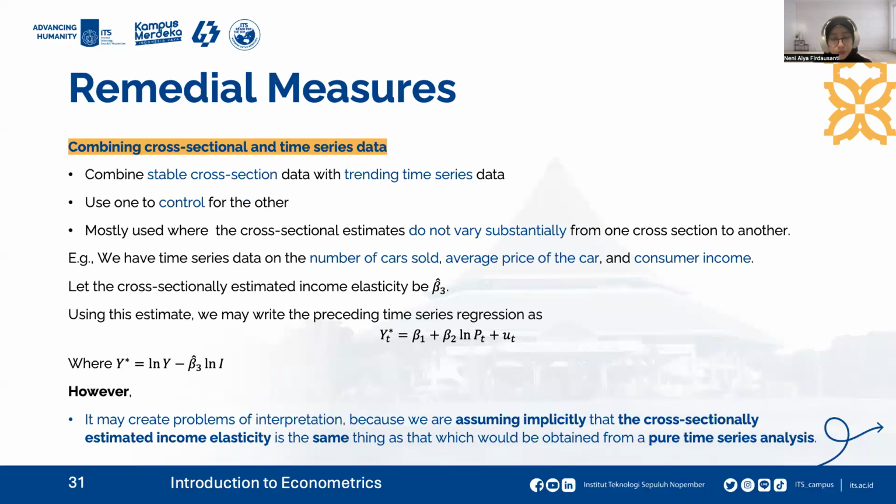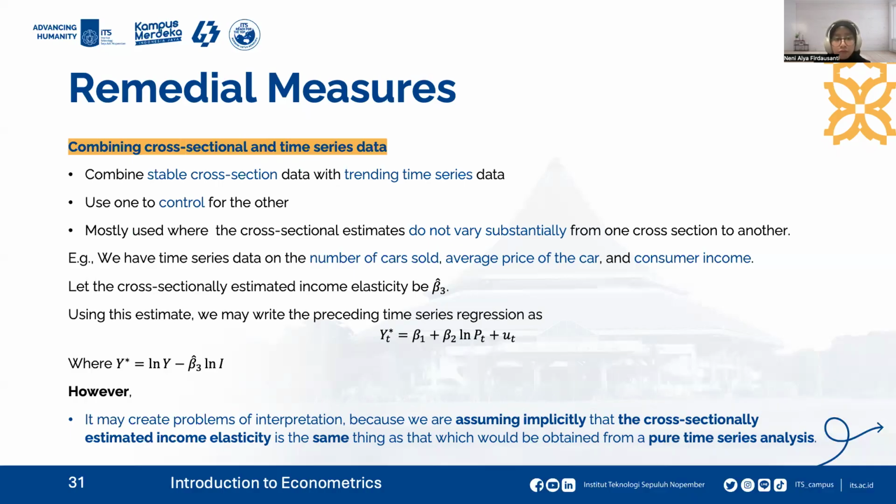Or another option, we can combine cross-sectional and time series data, which means that we will use pooling data. We combine stable cross-section data with trending time series data and use one to control for another. Let's say we control for income from cross-section and then regress on time series of price.